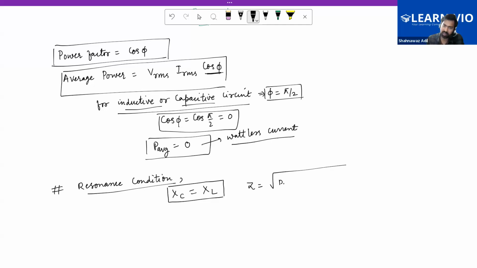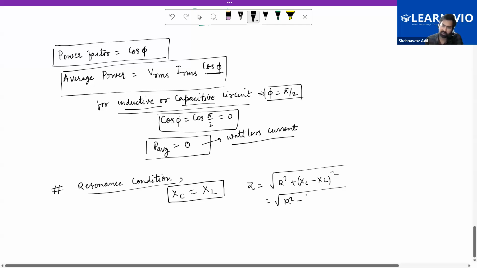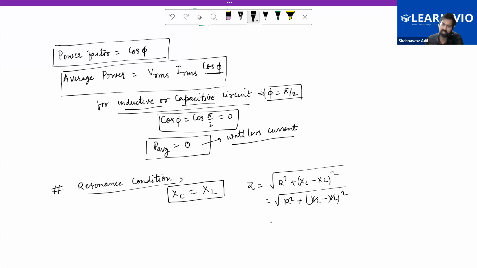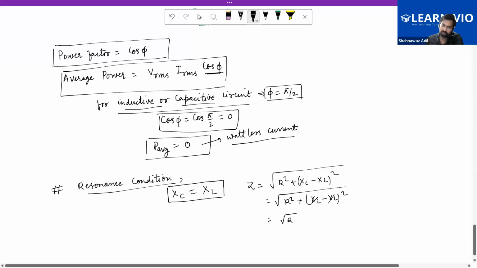Impedance is root of R square plus (Xc minus XL) whole square. So Xc is equal to XL, then this is (XL minus XL) whole square. This will cancel, and you will have only root of R square, which is R.